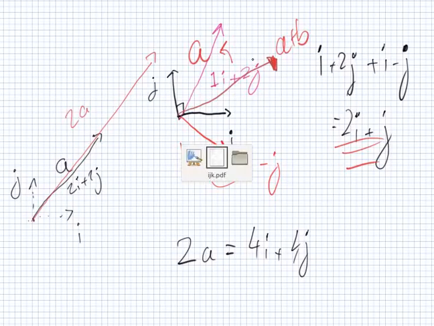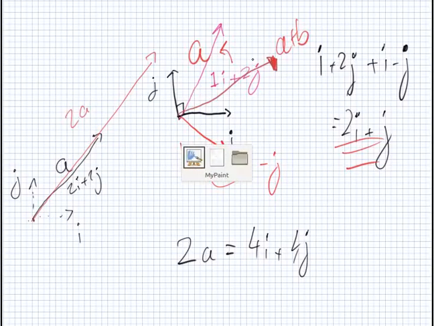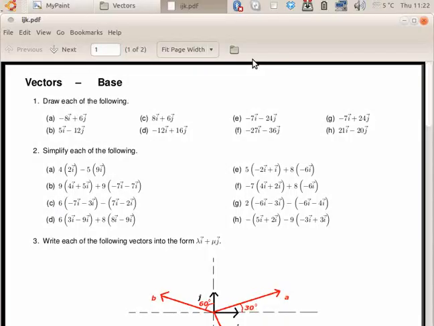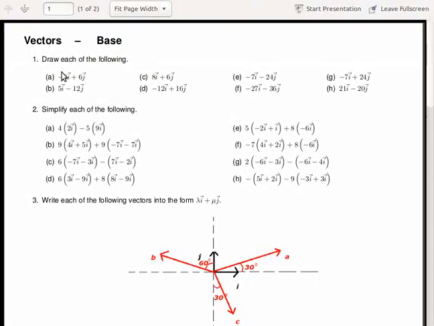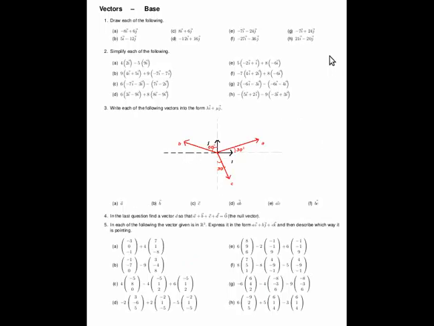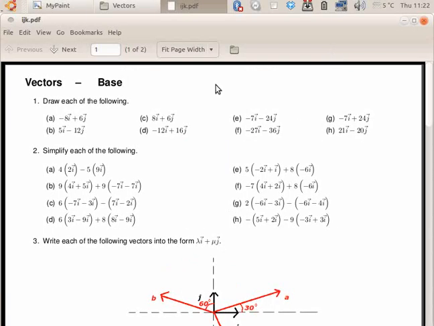Now, let's have a look here at the questions. Okay, so we want to draw these, just as a practice for your i and j.